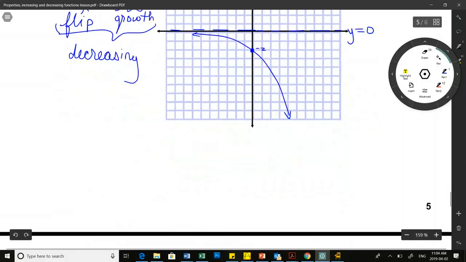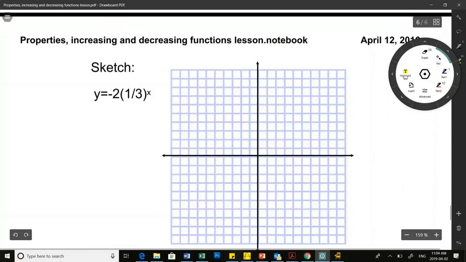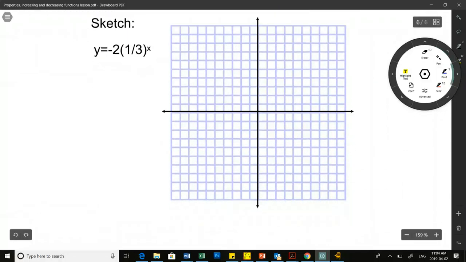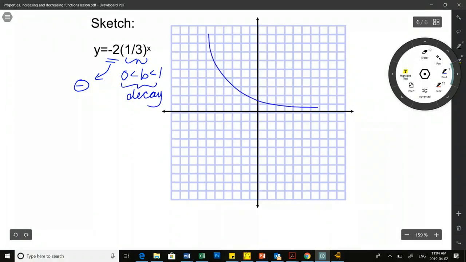Okay, and then the last one here, we have a negative a value. That tells me that it's below the asymptote here. And I have a b value between 0 and 1, which tells me that we have decay. So it's kind of like this graph of decay gets flipped vertically. So I'm going to have something like this.